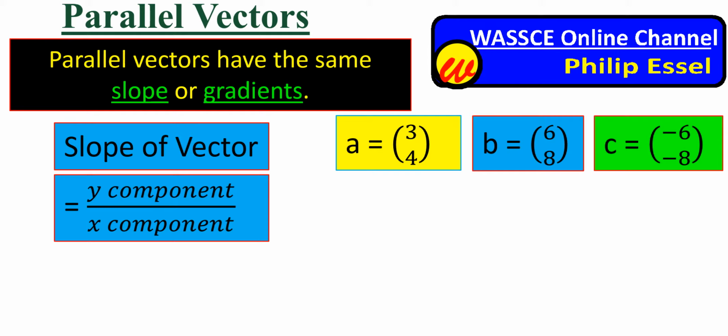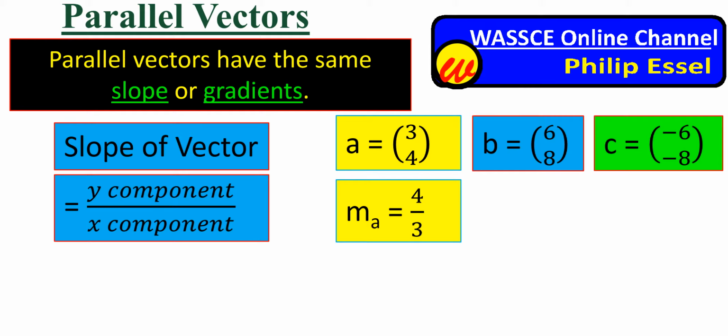All we need to do is to substitute those components into the formula. So for vector A, its slope will be given as 4 divided by 3, since the y component of vector A is 4 and the x component of vector A is 3.